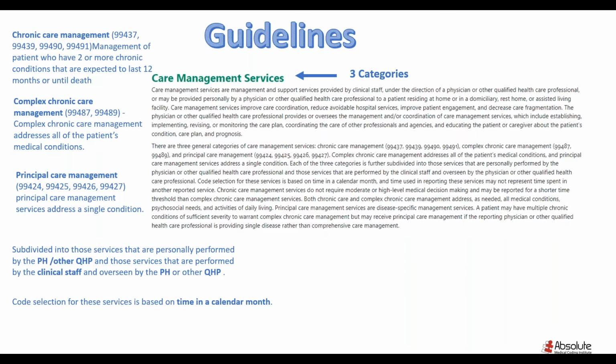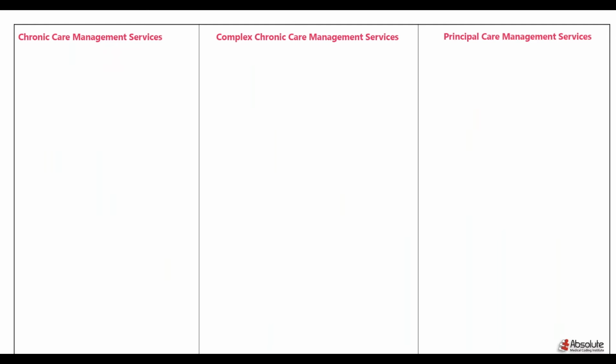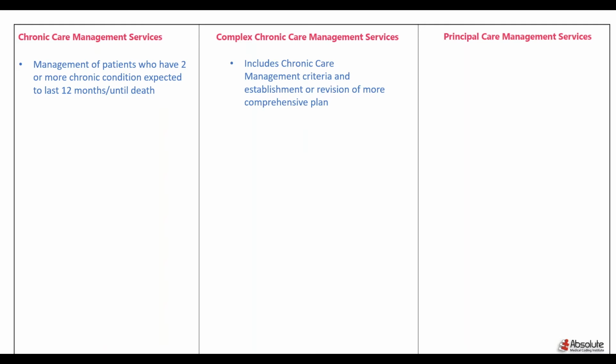The code selection for these services is based on time in a calendar month, and these are the major differences between all three categories. Chronic care management is for the management of patients who have two or more chronic conditions expected to last 12 months or until death.